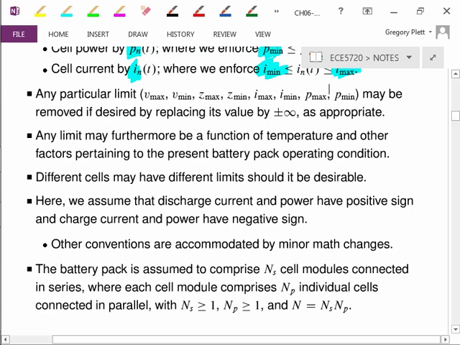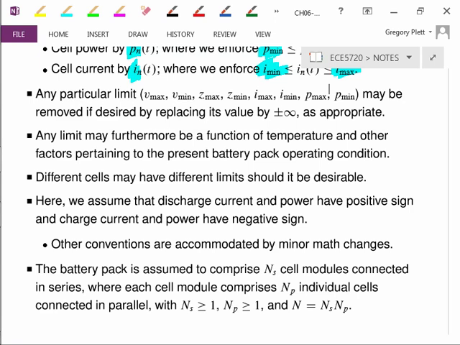In particular, it's quite common when reporting power limits to report a positive number for both discharge and charge power. So you're really returning the absolute value of power when you do that, which is a little bit easier to understand, rather than for charge power having -5 actually be more power than -1. That seems weird. So sometimes the designers choose to use positive values for both.